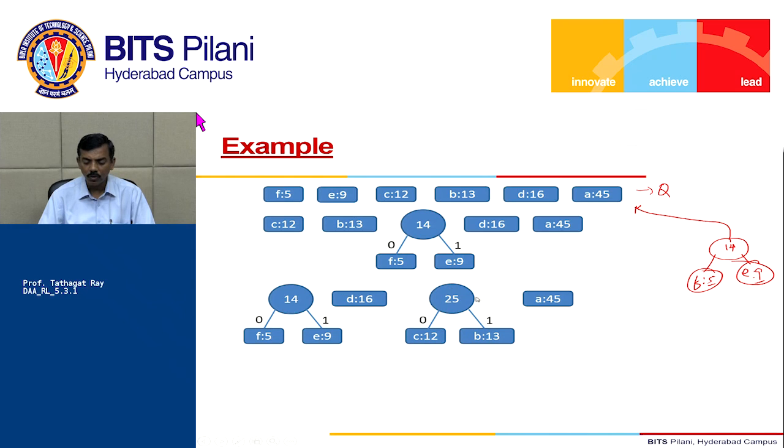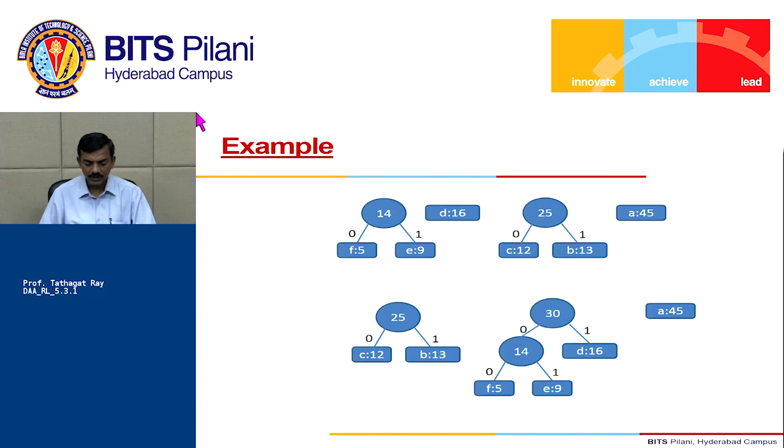You create a new node with the frequency which is the sum of these two, 12 and 13. So you got 25, and you then push it in the priority queue at the right place. So 25 comes in there. Notice that 14 is now at the head of the queue, because 14 is the least frequent one.